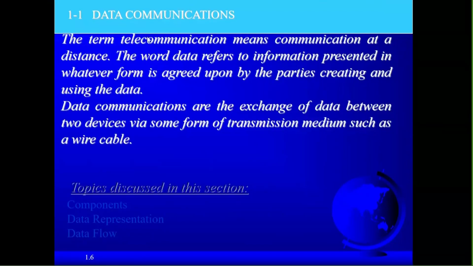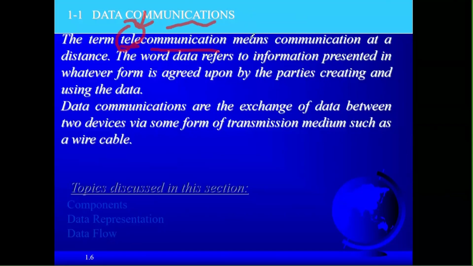So we have telecommunication. Tele means over a distance, okay? Tele means over a distance. Communication, I think we all know, means sending and receiving stuff. So the definition of telecommunication is communicating over a distance, sending information over a distance, okay? That's what tele means.